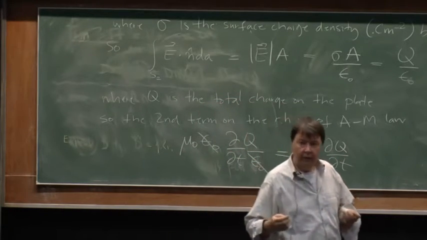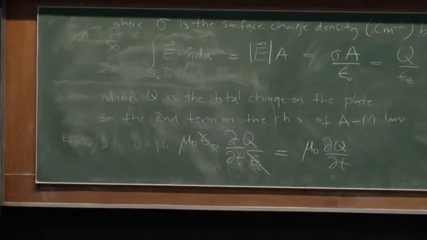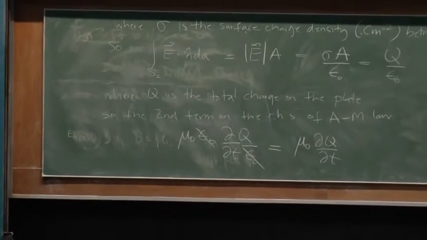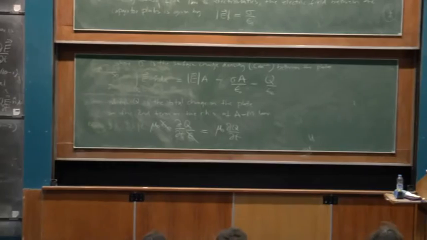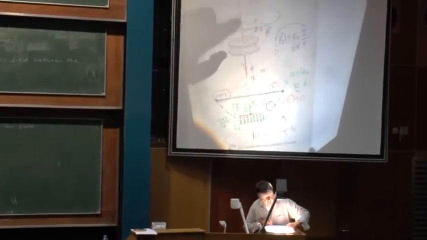And again, we now get to the stage where we're effectively applying charge conservation. The current I flowing down the wire is the number of coulombs per second arriving on the plate. So the rate of change of charge on this plate is, almost by definition, I equals dQ by dt.